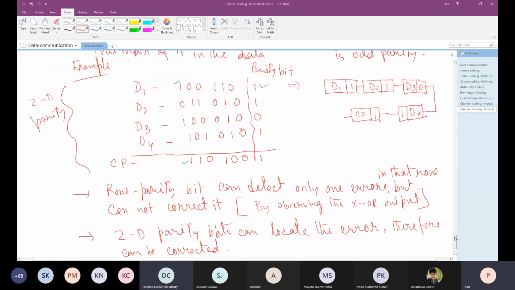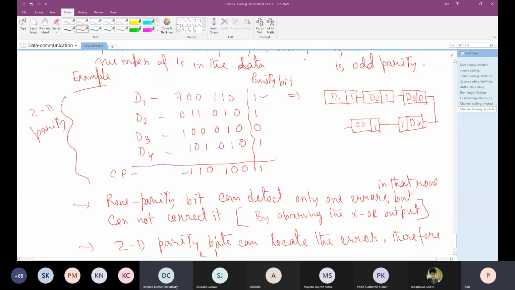So that is possible. Like here, if there is an error, then these 2 bits will be changed. Suppose that here there is one single bit error, so that will be located.